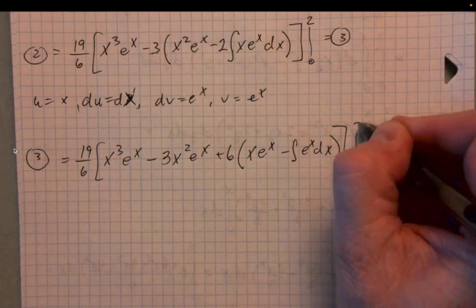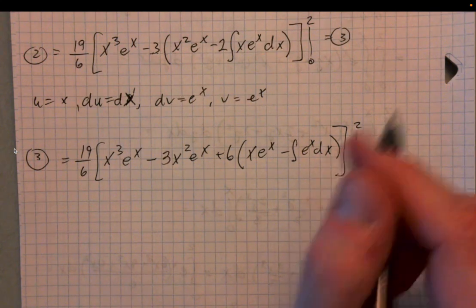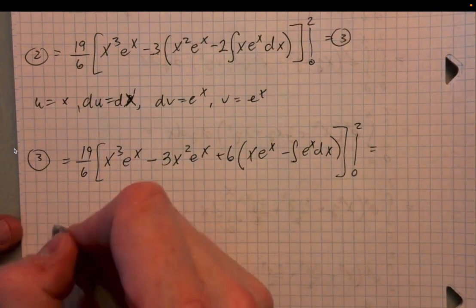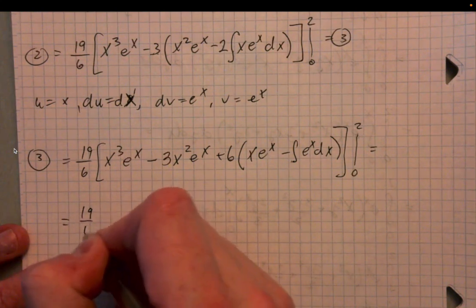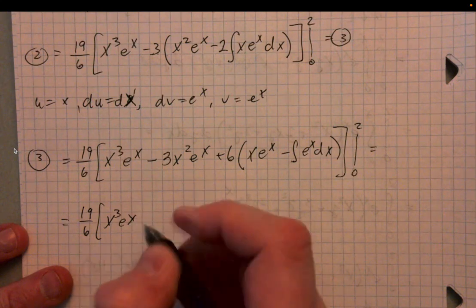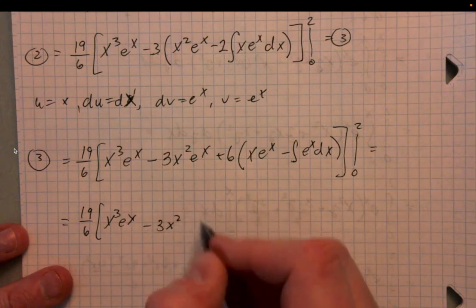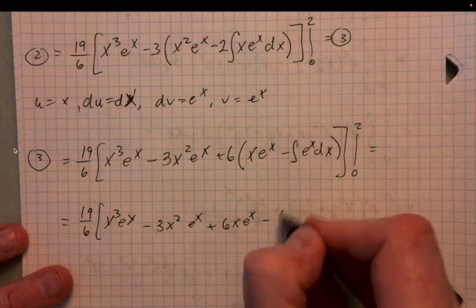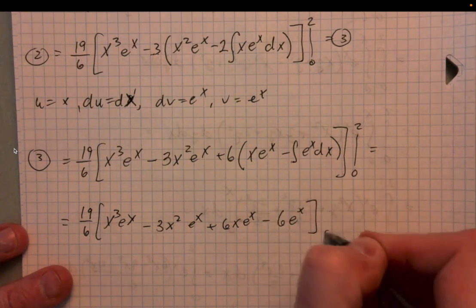And that's from 0 up to 2. Okay, and so now this integral we can evaluate. So let's just run through it here. 19 over 6 times x cubed e to the x minus 3x squared e to the x plus 6x e to the x minus 6 e to the x.